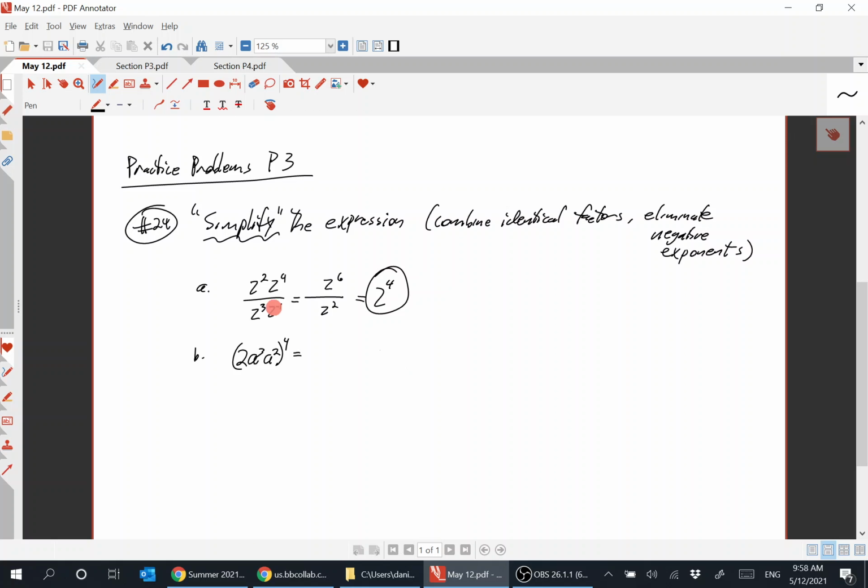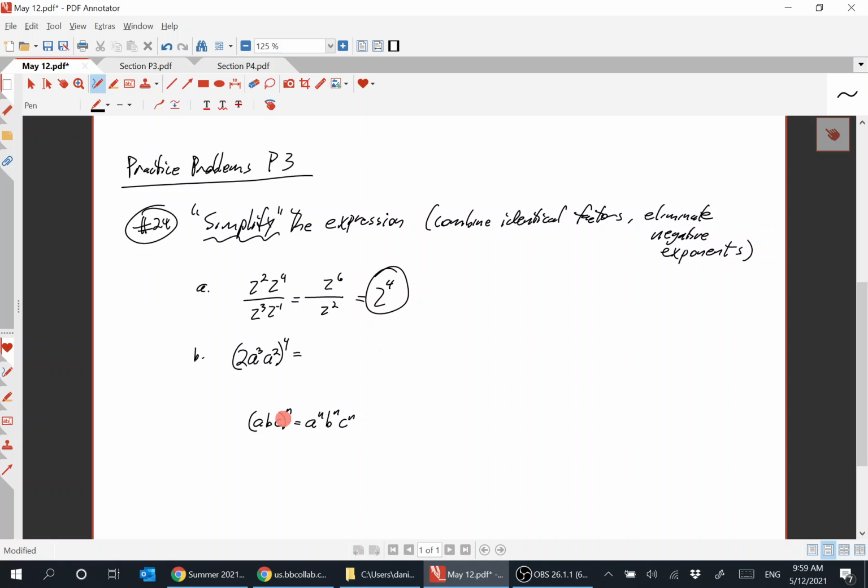All right, with this one, you can evaluate the inside of the parenthetical expression first, or you can take care of the exponent first. Remember, a times b times c to the n is equal to a to the n, b to the n, c to the n.